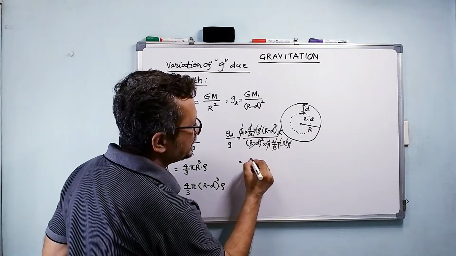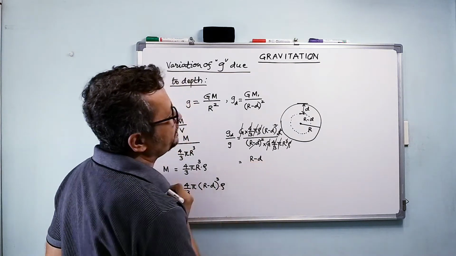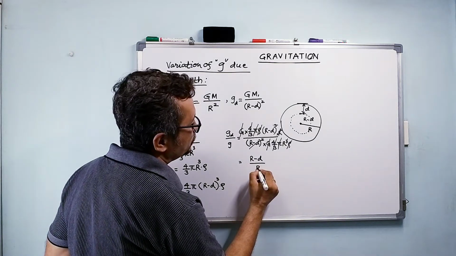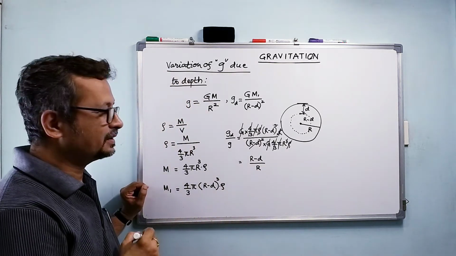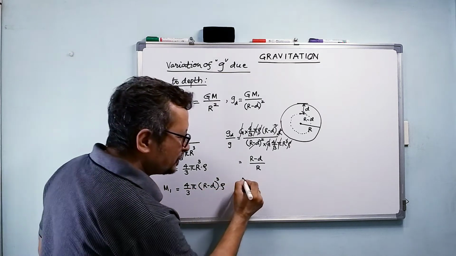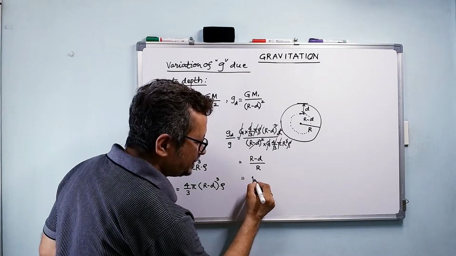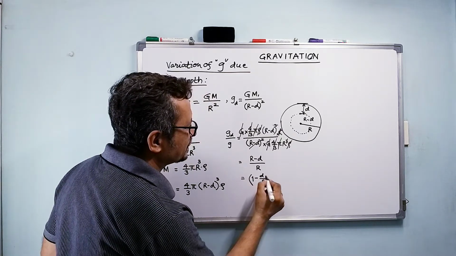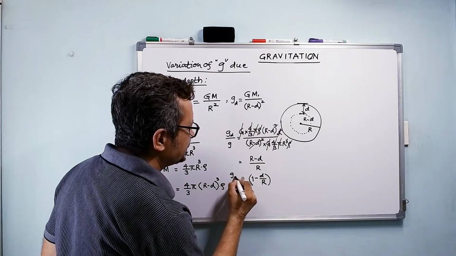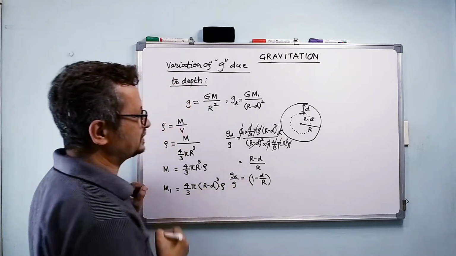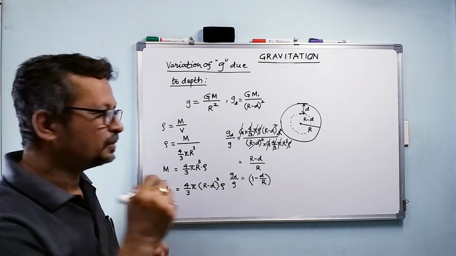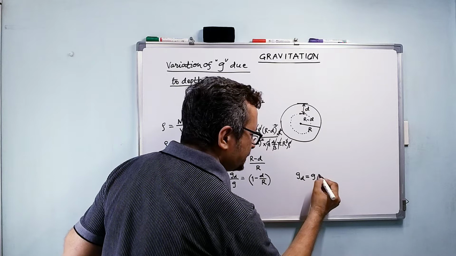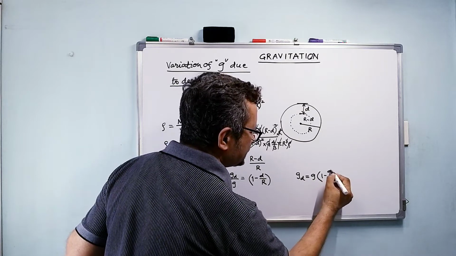I'm left with only r minus d on top and only r over here. So that comes to 1 minus d upon r. So gd upon g is this. If I want to find gd, that would be g multiplied by 1 minus d upon r.